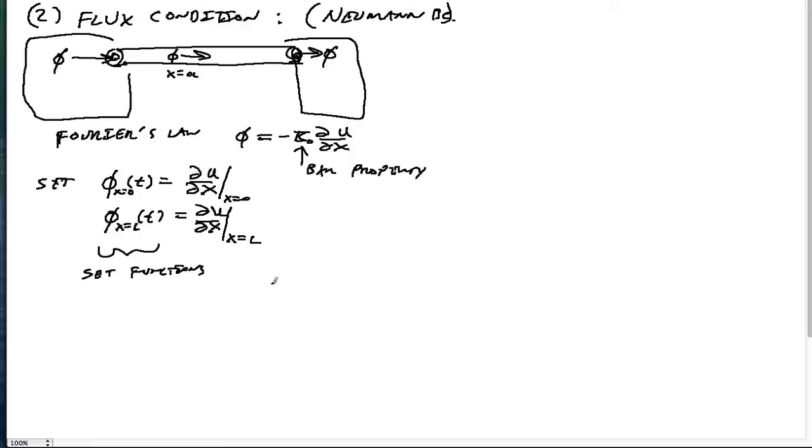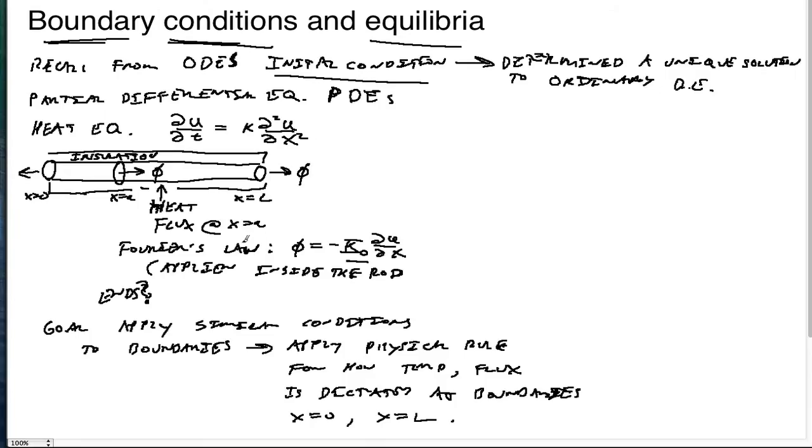So let's talk about the final one, the third one, which is called a hybrid boundary condition. And this also goes by the name of another fellow, a Robin boundary condition. Okay. So what is a hybrid condition?